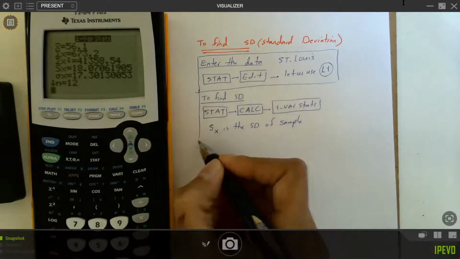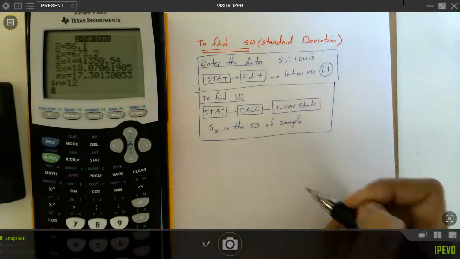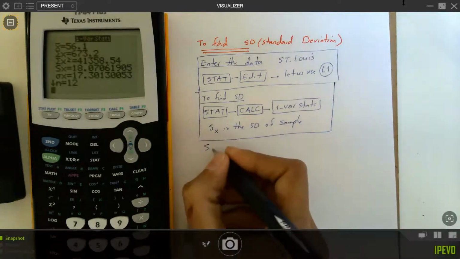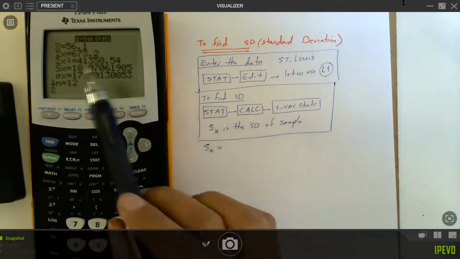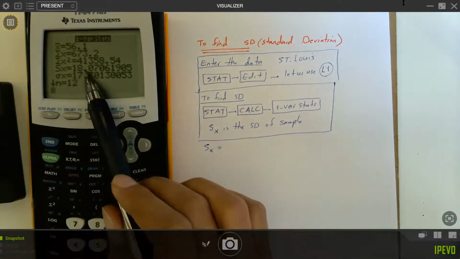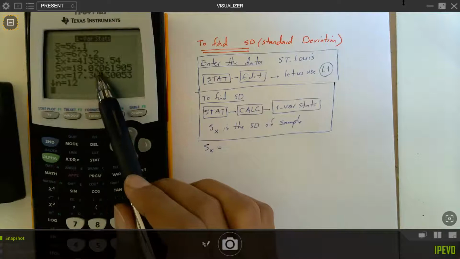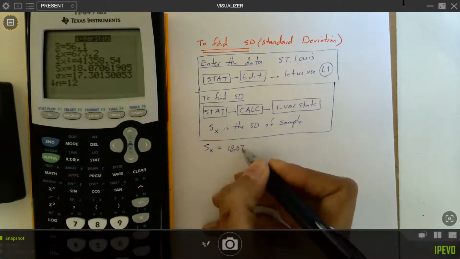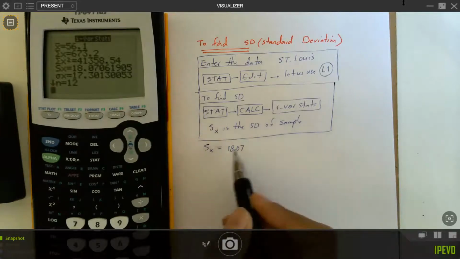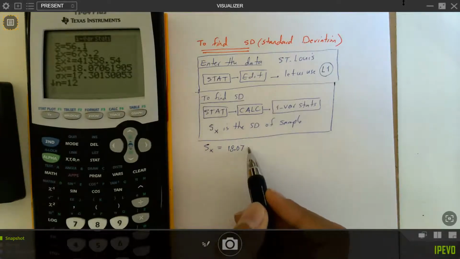Okay, well, so S sub X, or standard deviation of our sample, is equal to 18.07. What's the unit? Degrees.